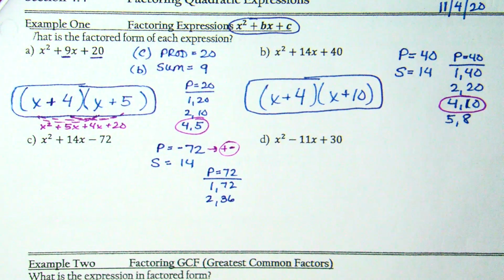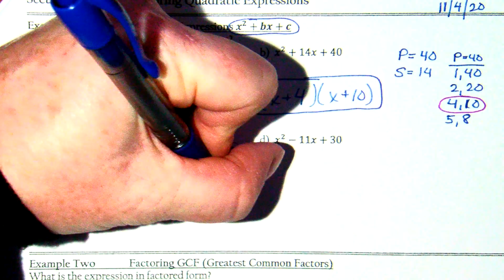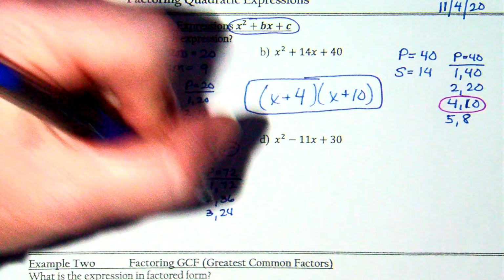If you don't know, pull up that calculator. What's 72 divided by 3? 24. So guess what? Oh, it does work. What about 4? Does 4 go into 72? Yeah. 4 and 18.